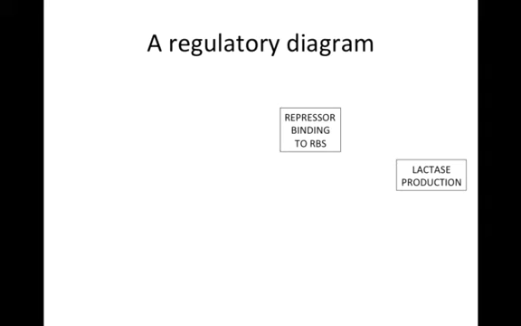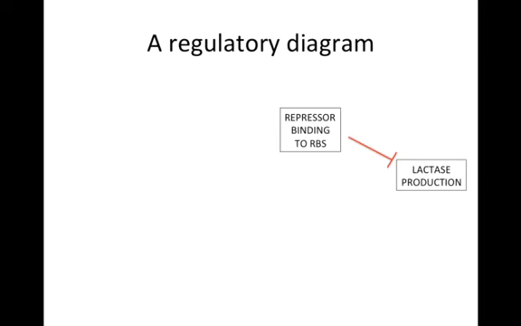That's the overall outcome, right? That's what we're interested in. Is lactase being produced or is it not? What we learned is that the proximal cause that's turning lactase production on and off is binding of the repressor. And does the binding of the repressor turn it on or off? Well, it turns it off.